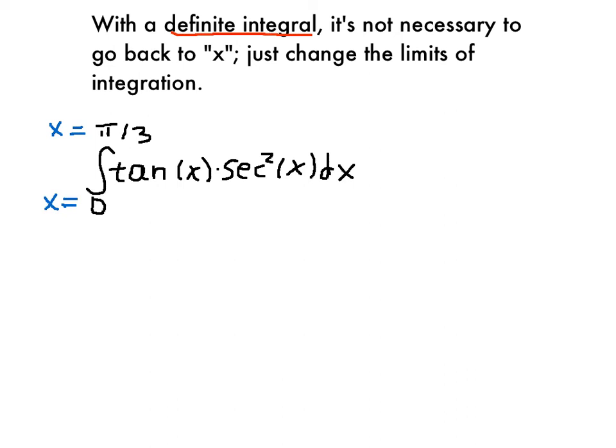Now, this is an interesting problem because you might be tempted to believe that this is the more complicated expression. And like anything else, you want to keep your wits about you. What you want to recognize here is that sec squared is the derivative of tan. And so really our right choice here is let u equal tan of x.